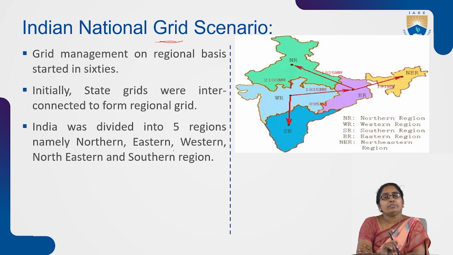India was divided into five regions, namely northern, eastern, western, northeastern, and southern. On the map on the right side, we have the northern region, the eastern region, the northeastern region on the far right, the western region on the left, and then the southern region down south. So these are the five regions.